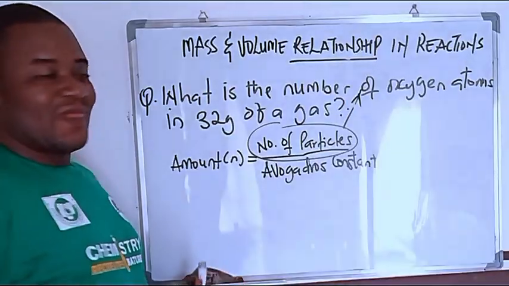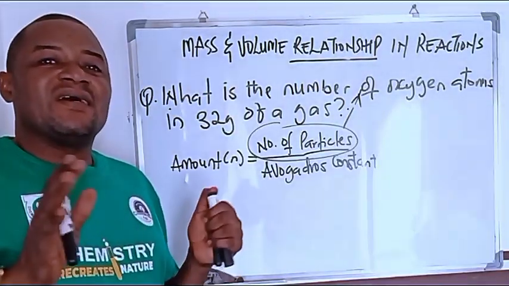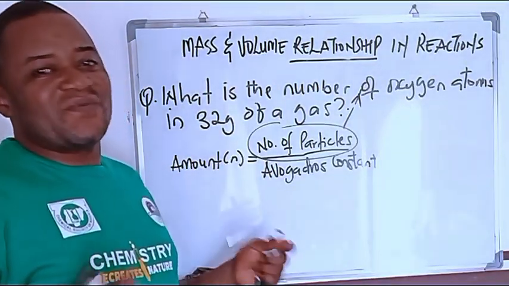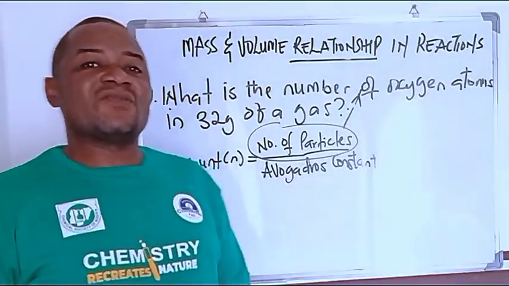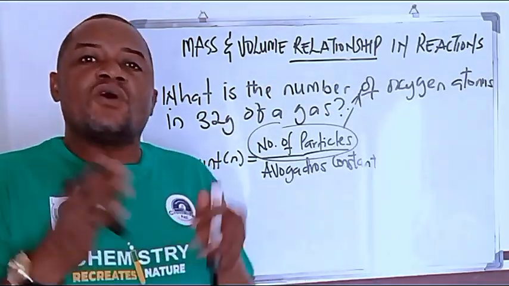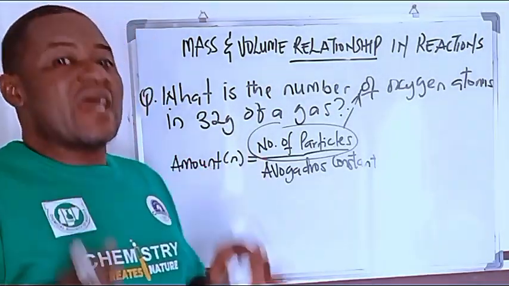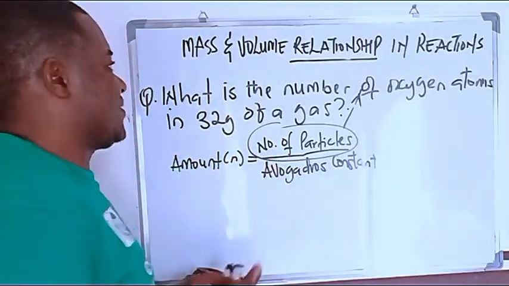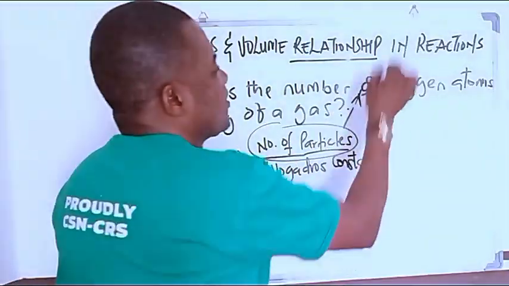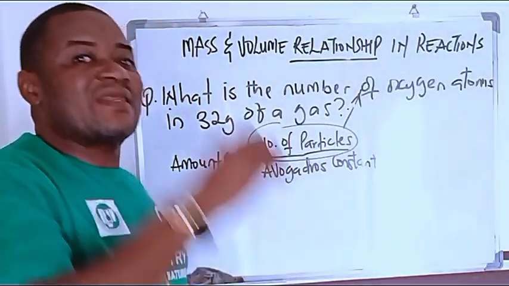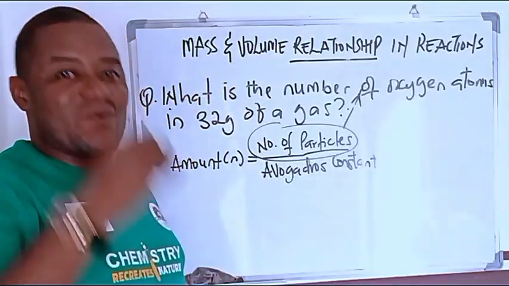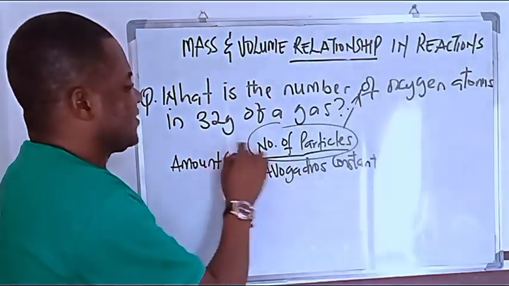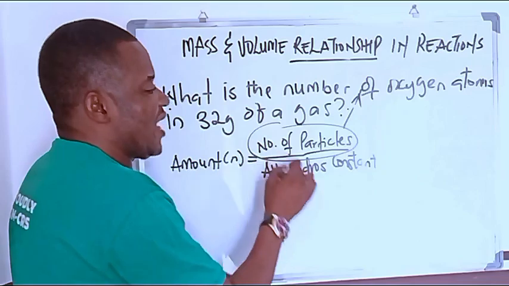You must know that there is nothing in chemistry or physics or mathematics itself that does not have mathematical formulas. You need to understand the mathematical formulas to be able to solve the problem. The problem says, what is the number of oxygen atoms? And the formula that can be likened to this kind of question is amount equals number of particles over Avogadro's constant.